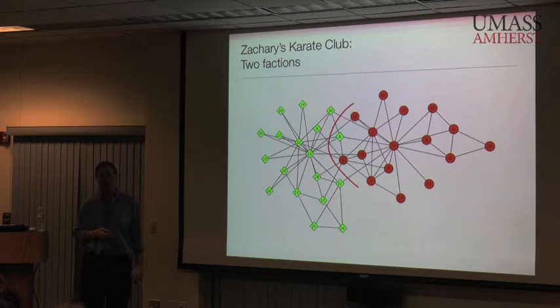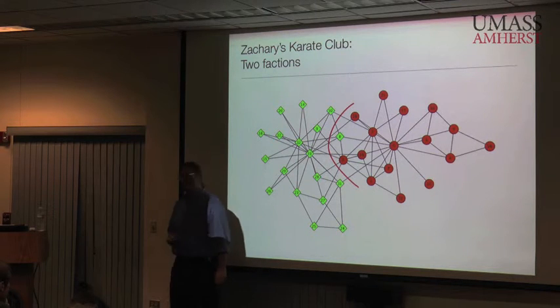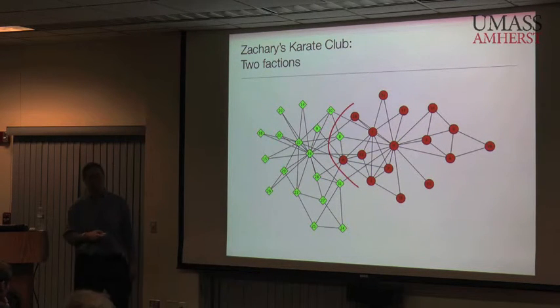I don't know how he did it, I'm making this part up. But anyway, they had a fight, and then the club divided into two factions. So a favorite pastime is, based on who hung out with whom outside the meetings of the club, the social network, can we correctly retrodict how it would divide into these two factions?